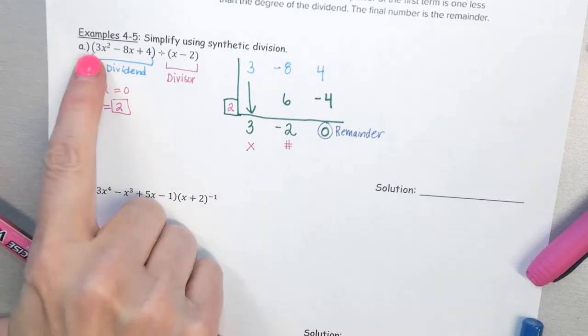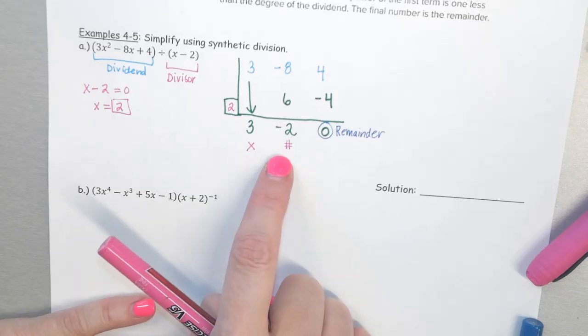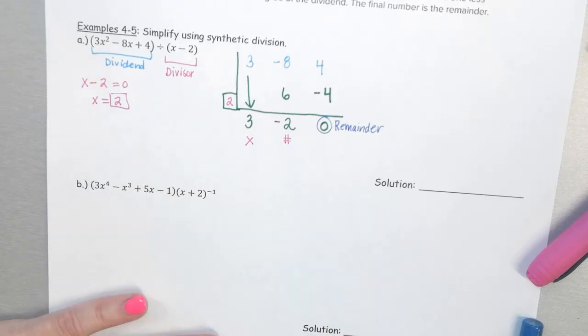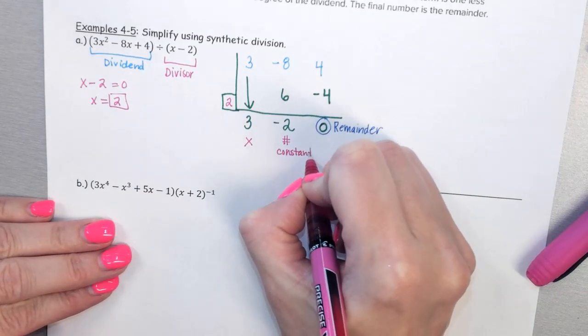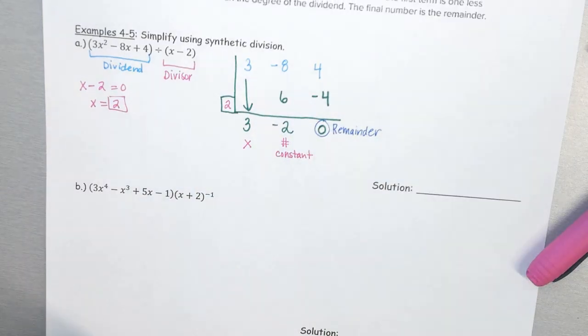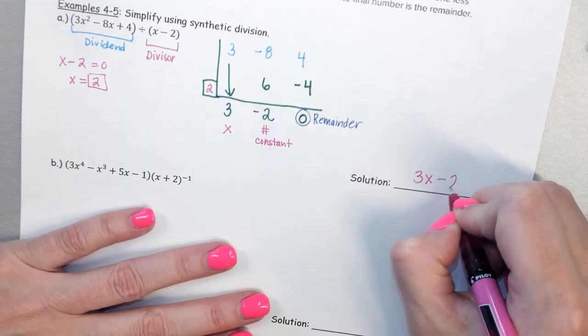But it really doesn't matter. You can also say, if this is x squared, this is going to be x, this is going to be the constant or the number term, and this would be the remainder. So your solution is just 3x minus 2.